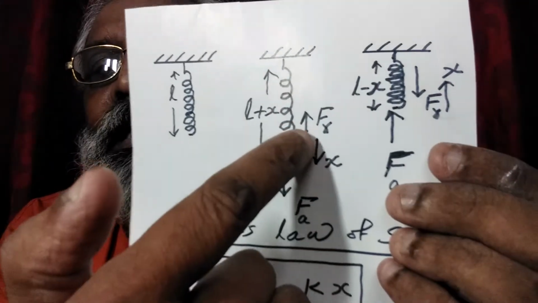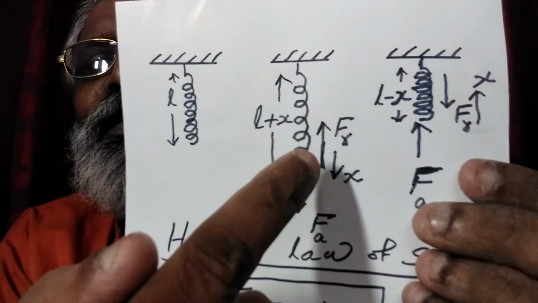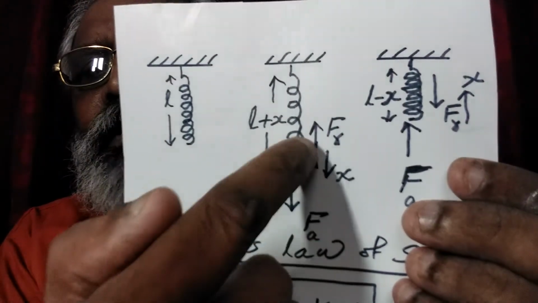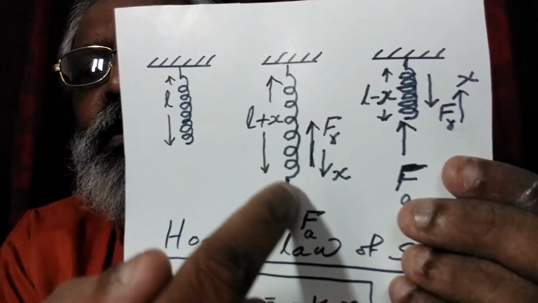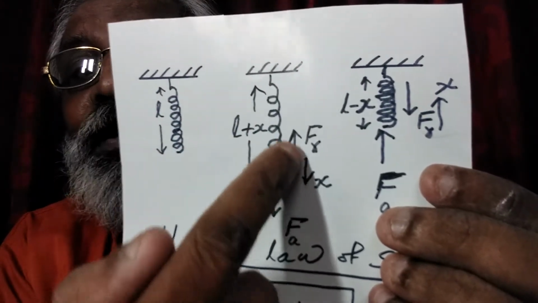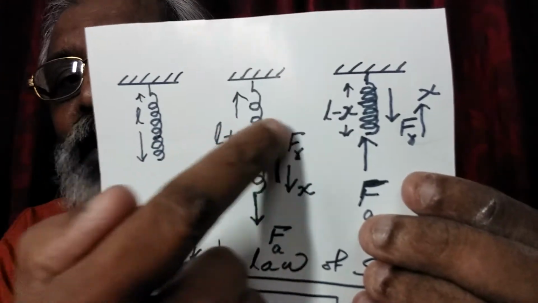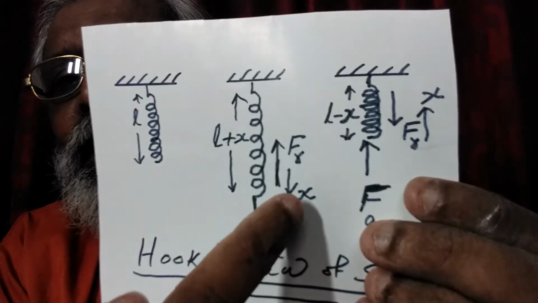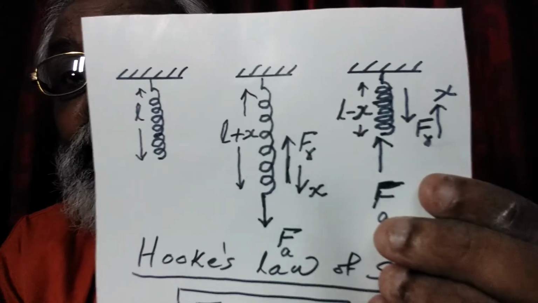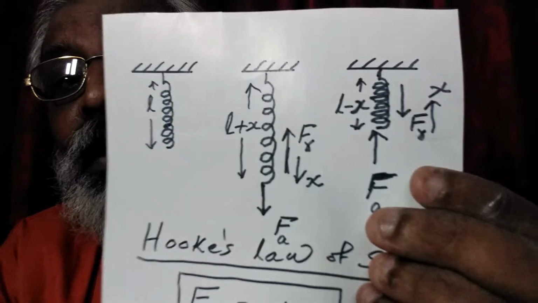See, the increase in length of the spring or extension of the spring is x vertically down in the direction of the applied force. But the restoring force Fr is vertically up. So Fr is always opposite in direction to the extension of the spring.